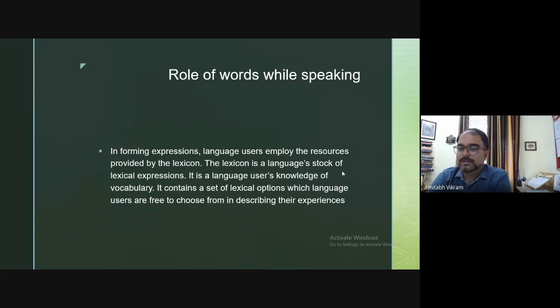So all such things: to know how a particular word is pronounced, how you spell it, the grammatical category of that word, how to use it in a meaningful context, and the meaning of that word. All these 5 elements are part of the lexicon.